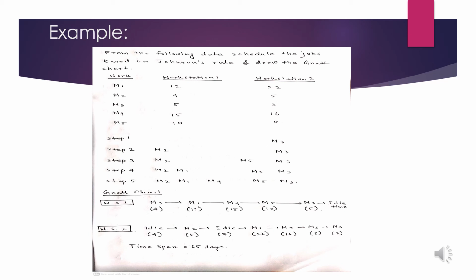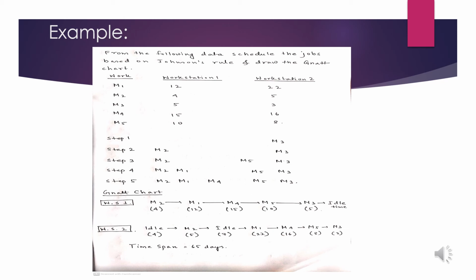Next, again M1 is working in workstation 1 for 12 days. So the ending time for M2 and M1 is 16 days, 4 plus 12, and M2 has completed its work in workstation 2 in 9 days. So the remaining time will be idle time here, that is 16 minus 9, that is 7. Now M1 will work in workstation 2 for 22 days and then you will not find idle time further down the line.